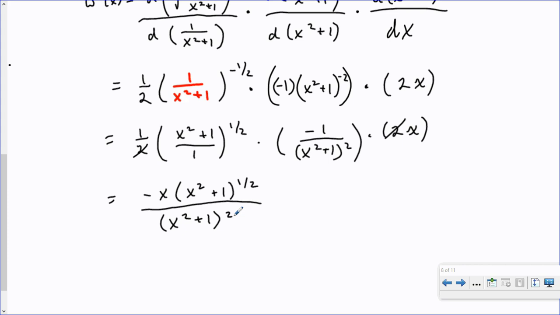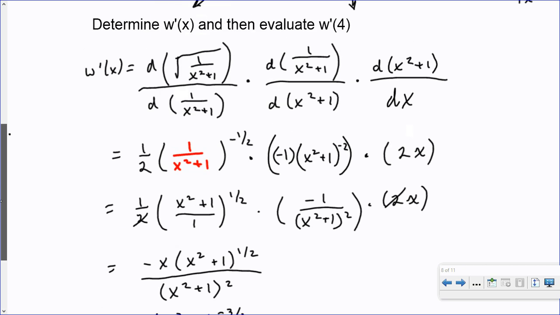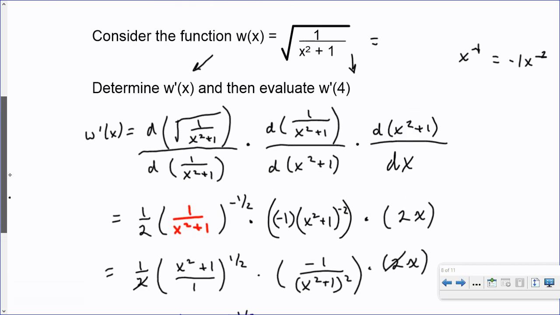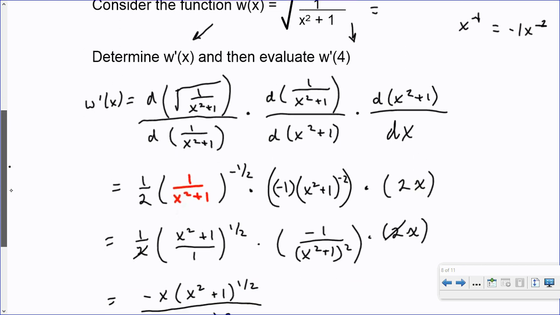Because I have a common base to exponents here, I could simplify that down to one expression. That'd be 1/2 minus 2. 1/2 minus 2 is 1/2 minus 4 halves, so it'd be the negative 3 halves. That's really a tough one. Understand that that's how we kind of do it, and we work on that derivative here.